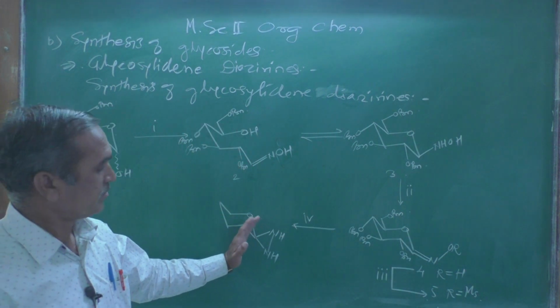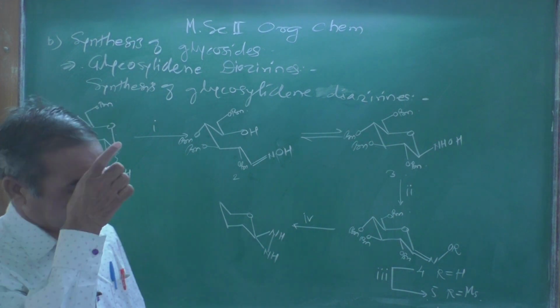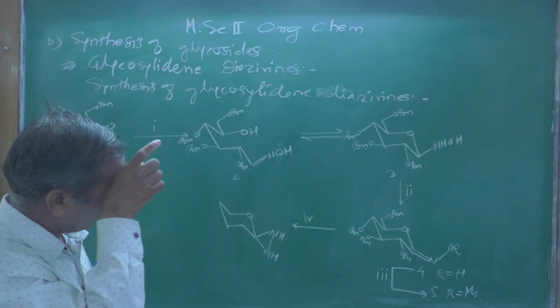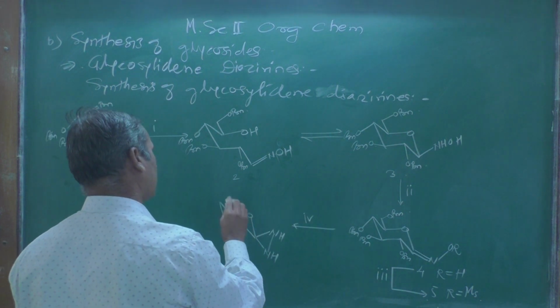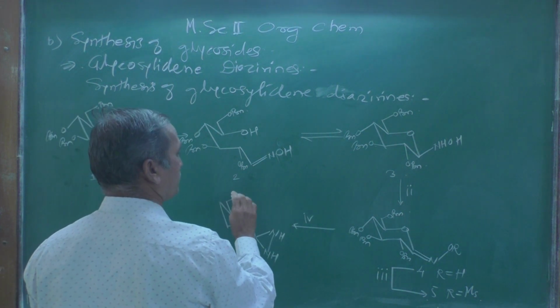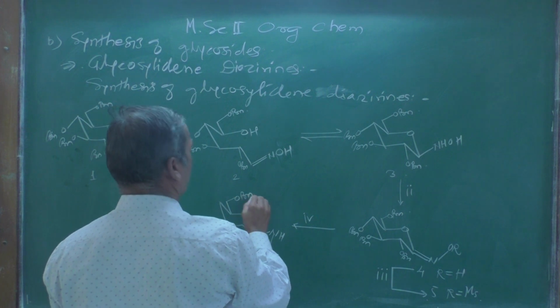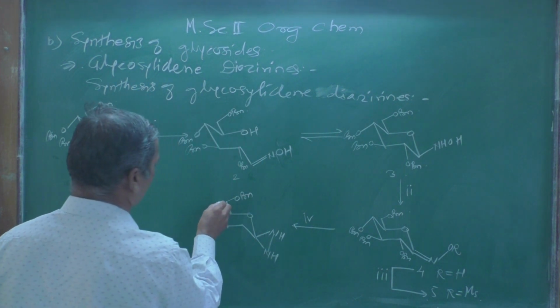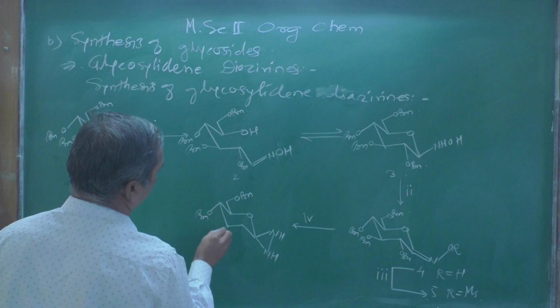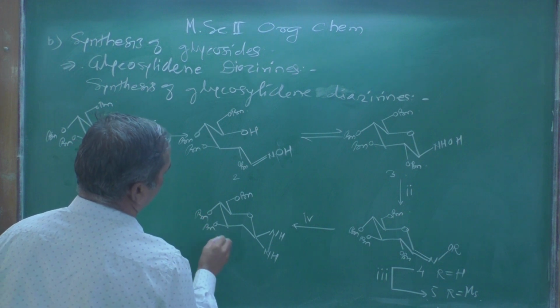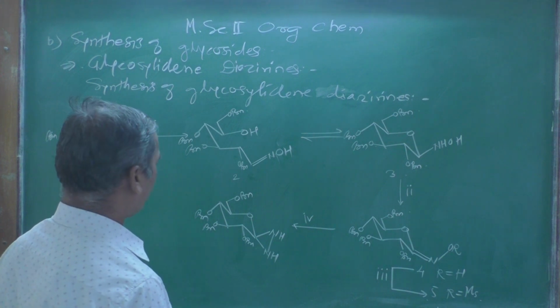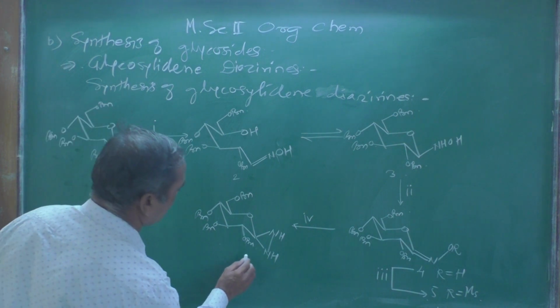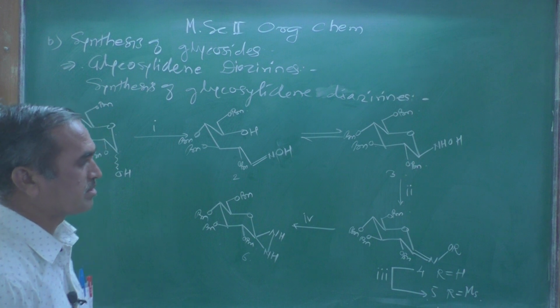There is a 3-membered ring formed over here, and the other part of the compound remains as it is, OBn, OBn, OBn, and this is structure number 6.